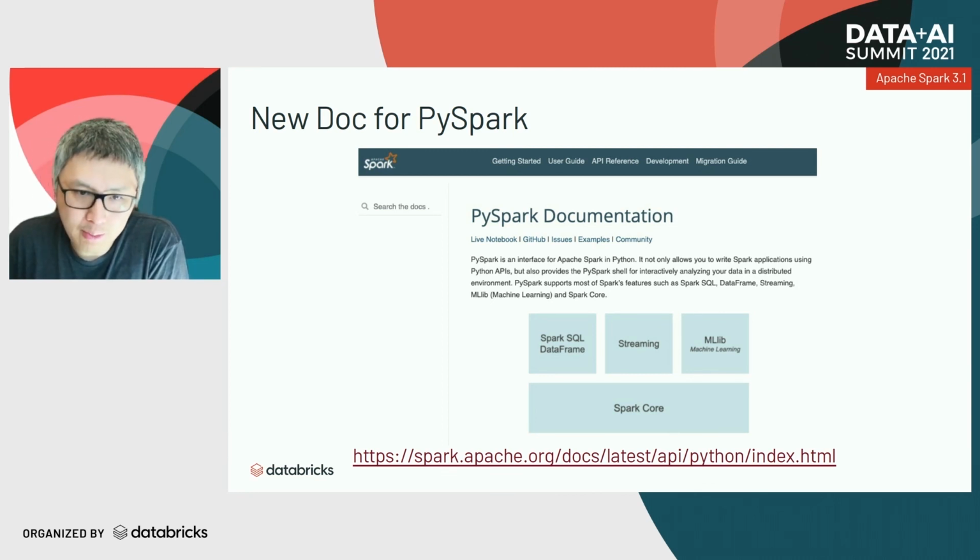Starting from this release, we introduced a new documentation site for Python users. In this website, the API reference is richer, and you can search the site based on keywords. Based on our experience in Koalas documentation development, we also introduced a live notebook. Python users can directly play with the live notebook to try the features in the latest version of Apache Spark.